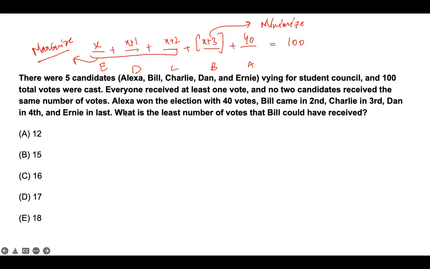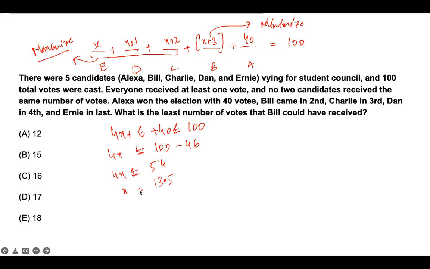So just add all of these. This will be 4x plus 6 plus 40, equal to 100. This means 4x is equal to 100 minus 46, so 4x is equal to 54, and x will be equal to 13.5. But wait a minute. Instead of the equality sign, I should use less than or equal to.